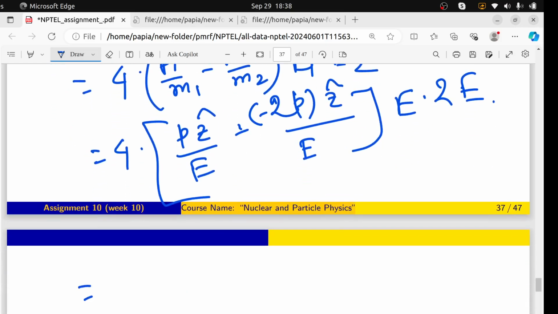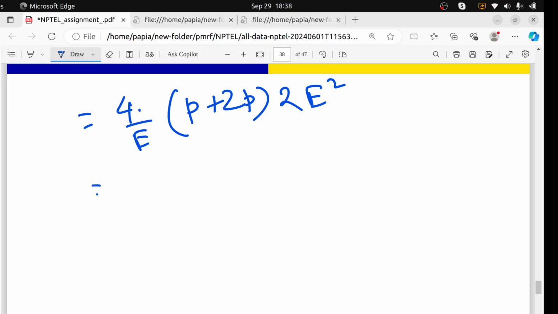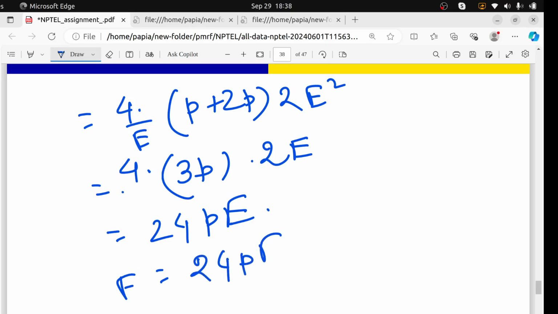So it is like 4 by E z cap, let me write here outside somewhere, P plus 2P, then 2E square. So the term will be 4 into 3P into 2E. So it is 4 into 3 into 2, 24 PE. So our F is 24 PE.